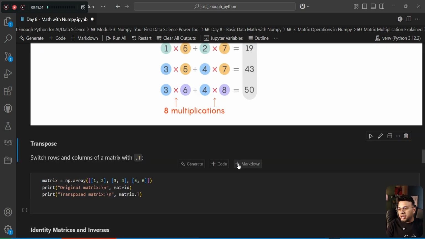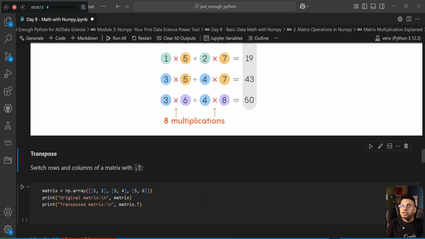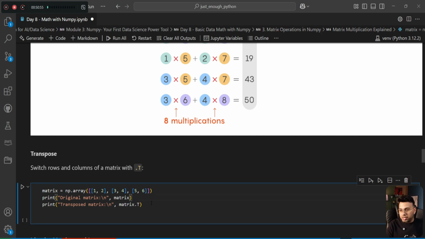Now let's look at transpose. The easiest way to understand transpose is that you are transforming your existing matrix in such a way that the elements in rows become your columns and your columns become your rows. Let's look at one example, and by the way, we use .T to achieve transpose.